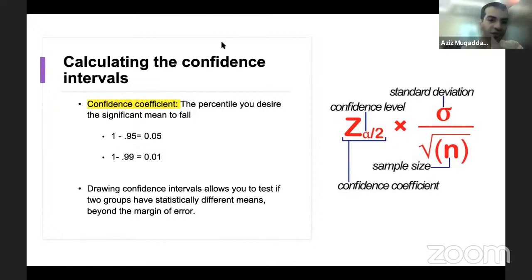So the 0.05 level is called the confidence level, or the 0.01 confidence level. What they're simply saying, and this is not very complicated, by the way, is that 0.05 means about 2 standard errors for the confidence interval.